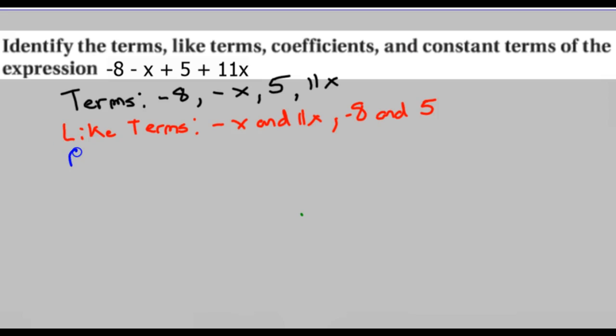Then comes our coefficients. I'm going to shorten this up. It's a long word. Our coefficients are the numbers in front of the variables. Looks like we got an 11. And if there's nothing in front of our x, we can put a 1 there. So we have a negative 1.